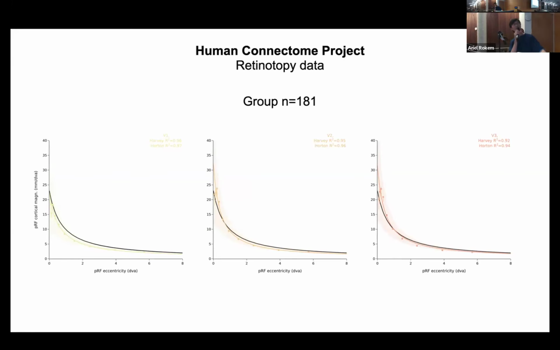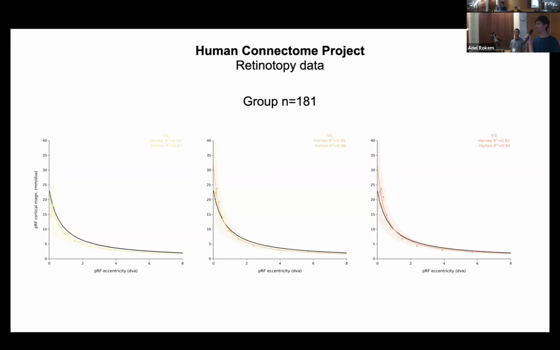And so as you see here, the shadow represents the middle 50th percentile, so the 25th and 75th percentile of the data. And then the model fit again is the colored line, and the black line is the Horton line. And again, you'll see that it actually fits quite well across all 3 of these regions.